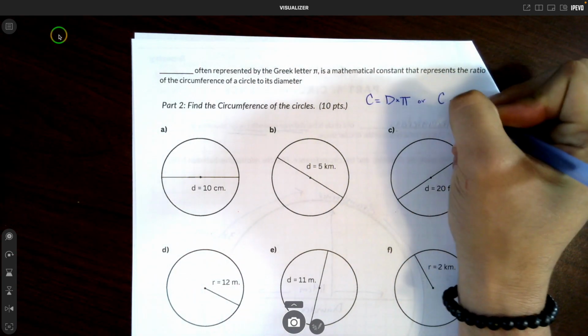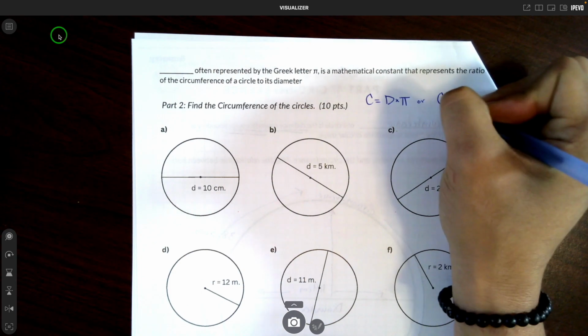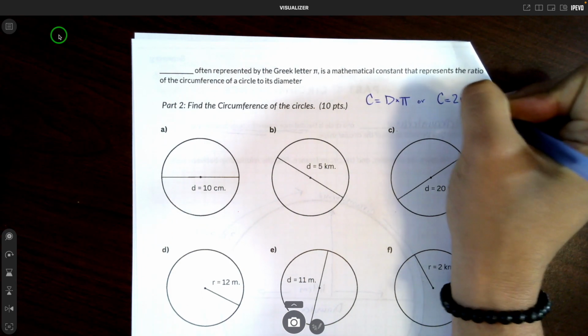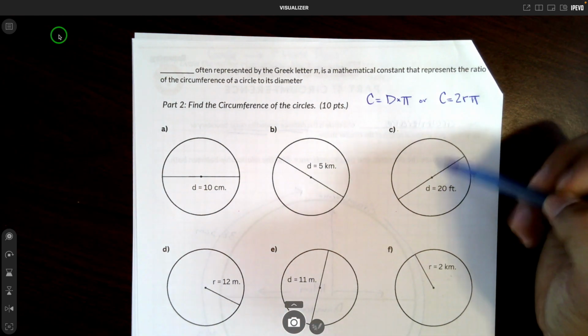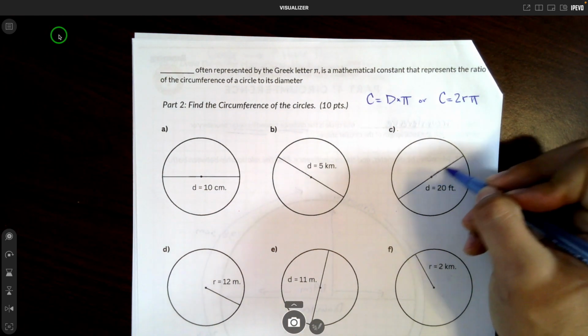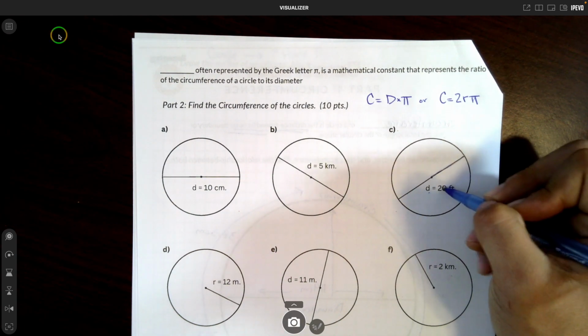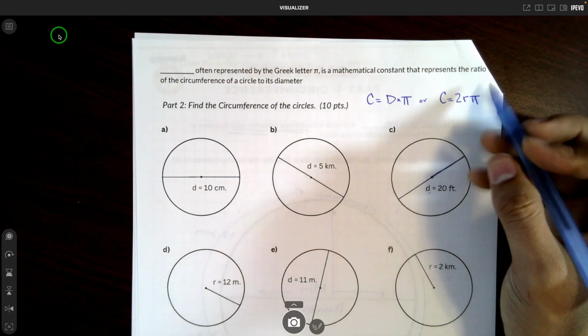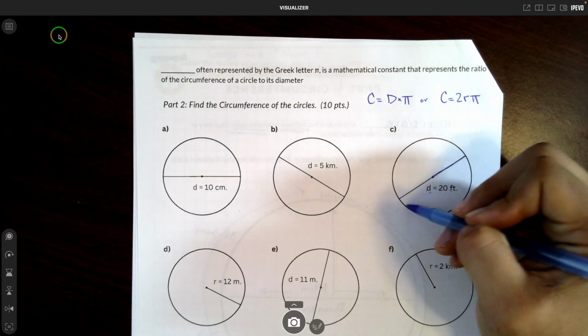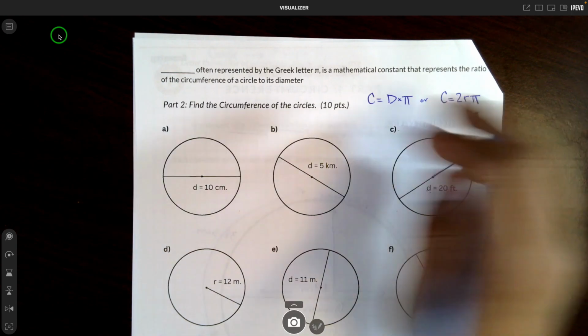Or circumference equals 2r times pi. Okay? Now, why is it 2r? Because the radius, this is the radius, is half of the diameter. The diameter is 20, so I know that the radius is 10. So if I want the diameter, I just multiply times 2. So 2 times 10 is 20. Okay? Now let's answer this question over here.